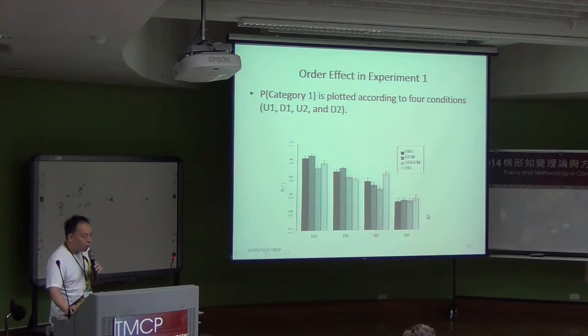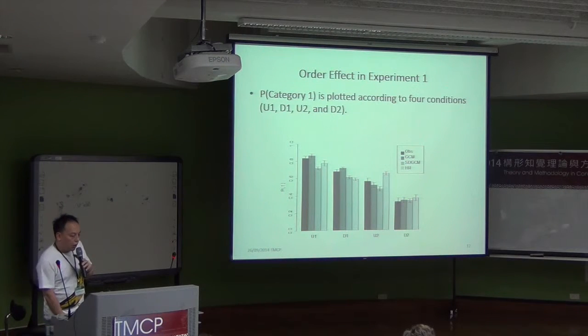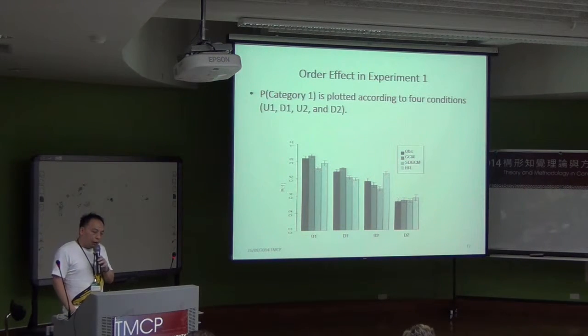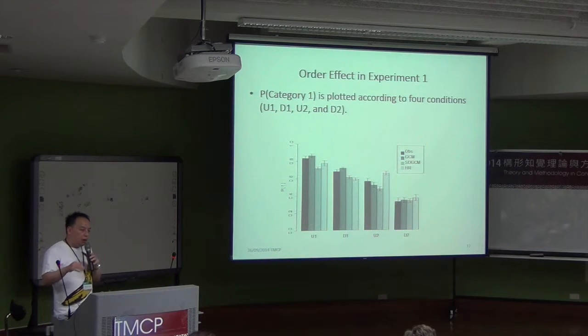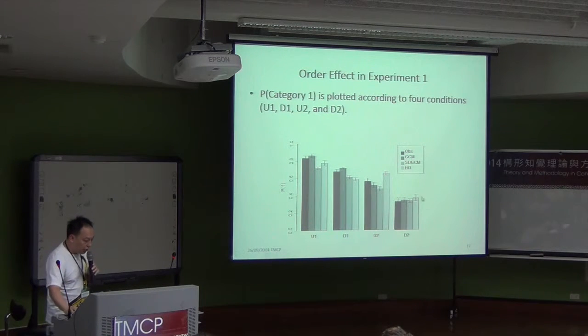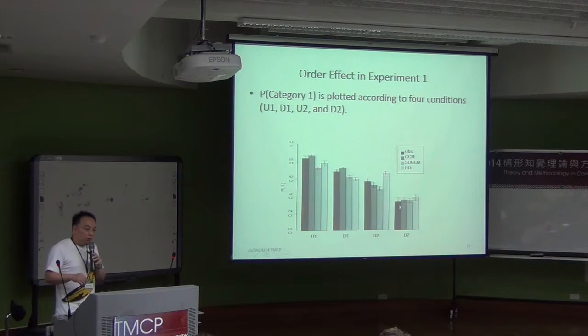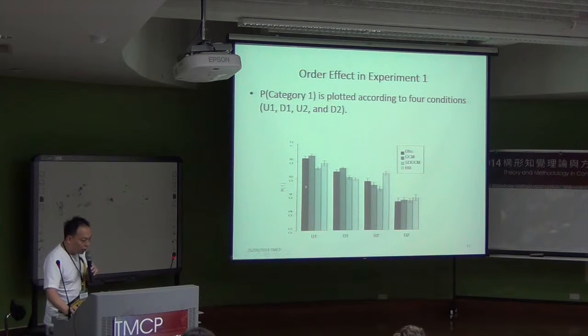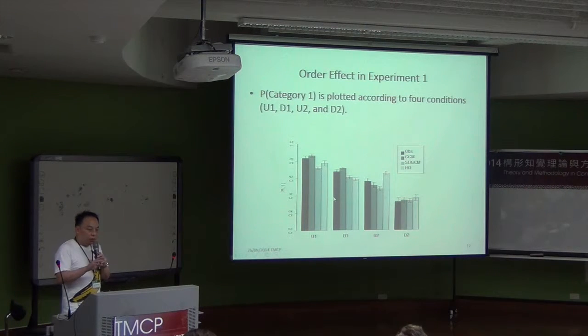Also, when the previous item is from category 2 and the current item is smaller than the previous one, which is called D2 here, people tend to predict it as category 2. That's the observed data. And what happened for those two other conditions in between?